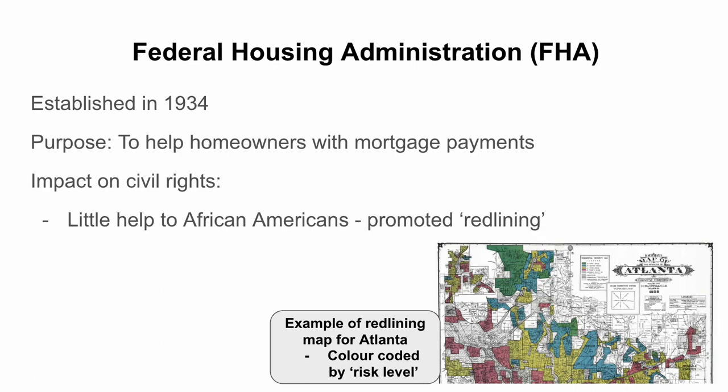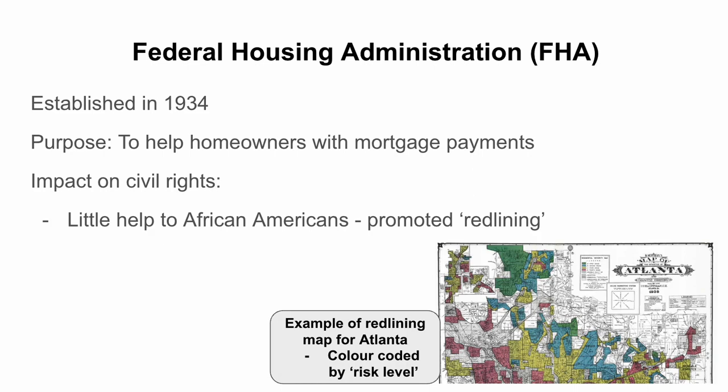What this meant for African Americans was they couldn't get on the housing ladder and ended up having to rent. If you think about that, it stops people investing in their homes and having that as an asset. This is something that people have written about a lot, and the long-term impact of this is really significant.